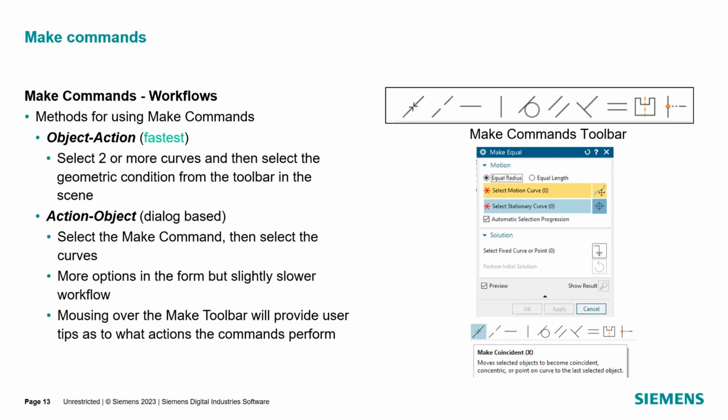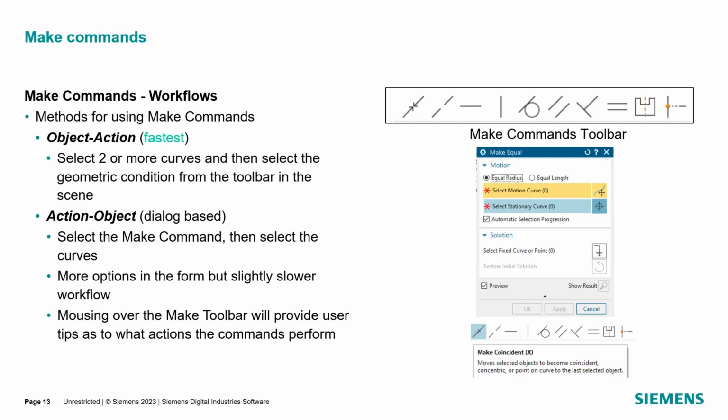So how that comes out is we have two options. You can do object action, which is pick the curve and then tell it, make it tangent. We think that's the fastest because you don't have to go to the menu. You don't have to do anything extra. You just pick the geometry and pick the button. Or you have action object, right? In this case, you'll pick from that toolbar up above, hey, I want to make it equal.